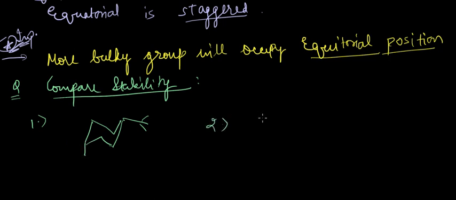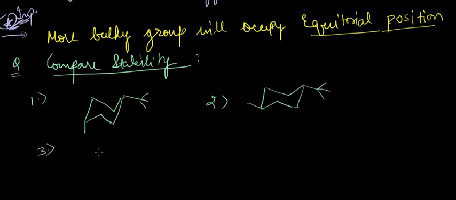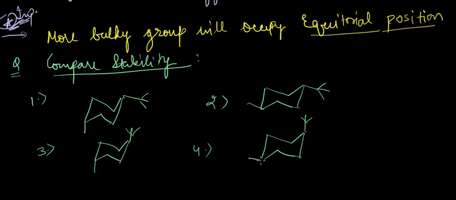Second is, at axial we have this, at equatorial we have this. Third is, at axial we have this, at axial again we have this, and fourth is one at axial and another at equatorial. So what would be the order of stability?